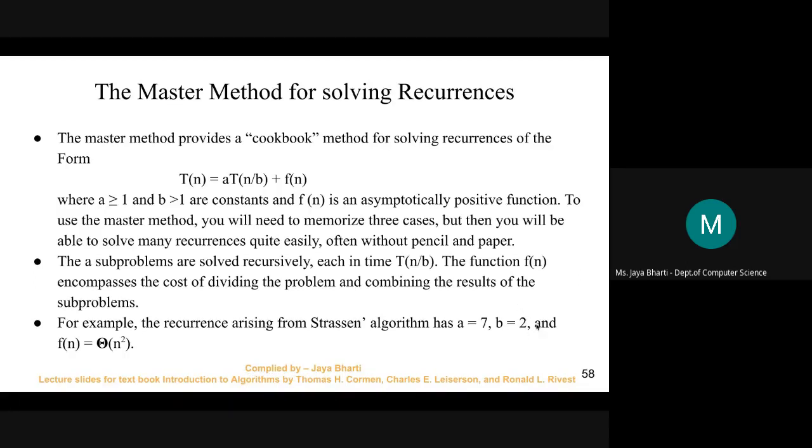So b is equal to 2. In that case, f(n) was theta of n squared. So the cost of dividing the original problem into subproblems and combining the solutions of the subproblems is f(n), which in the case of Strassen's algorithm was theta of n squared.